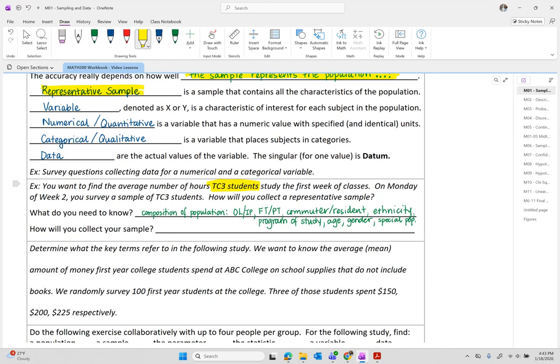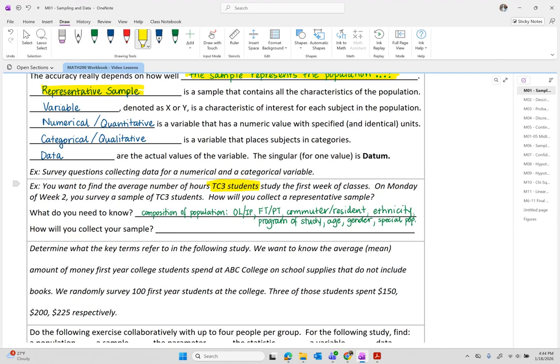To include online students, in-person students, full-time students, part-time students, commuters, and residents, and all the ethnicities represented in the proportion that they are represented at the college, and all the programs of study represented in the proportion of students per program, and the ages in the correct proportions, and the gender, and the special populations. Were you able to include all of those in your sample?